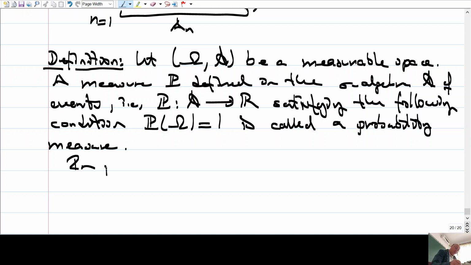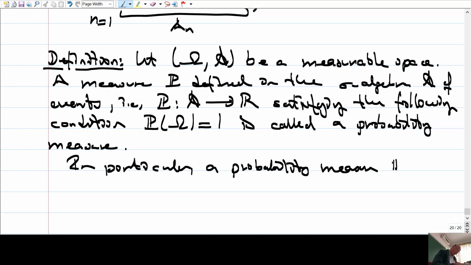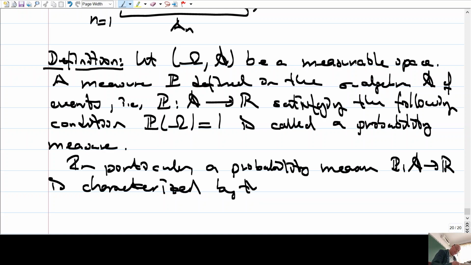In particular, a probability measure P, so it's a measure defined on a sigma algebra, is characterized by the axioms. What are they?